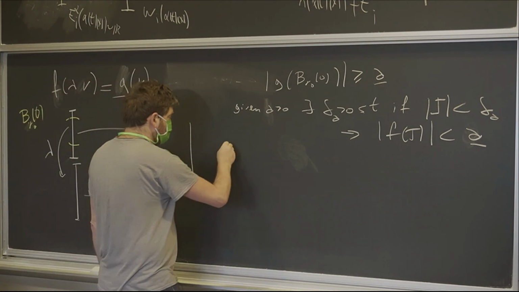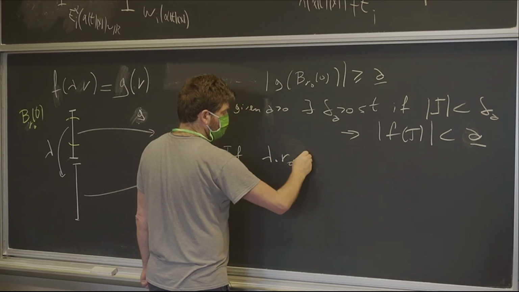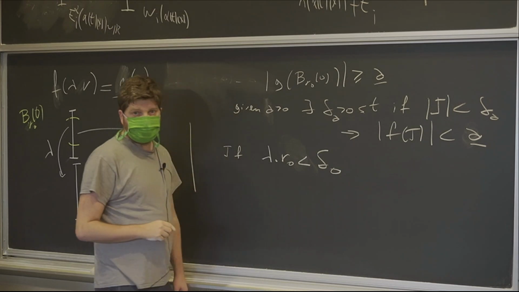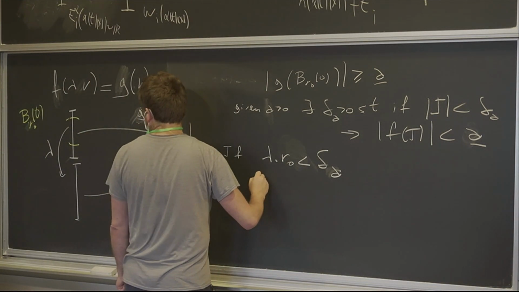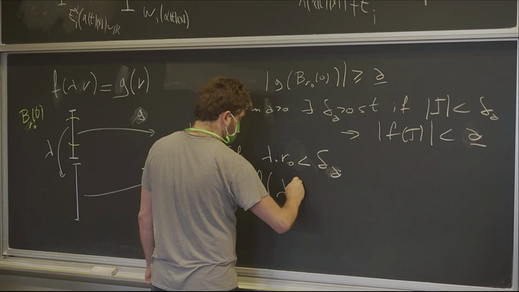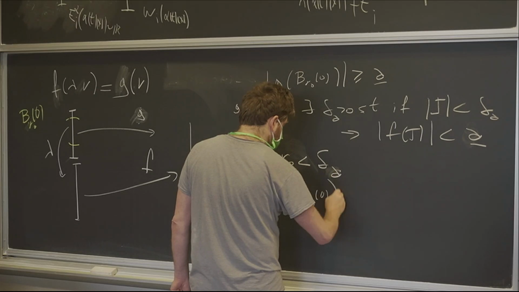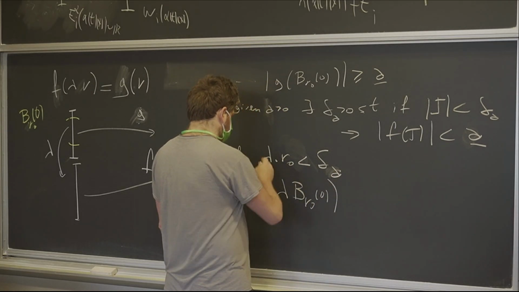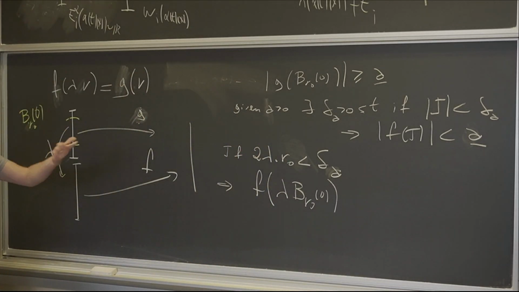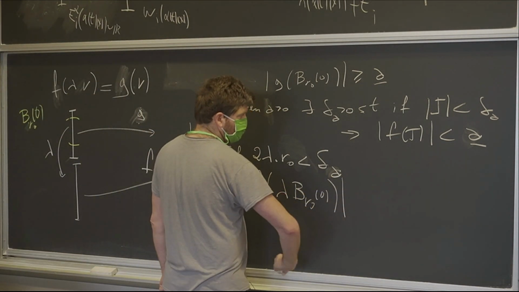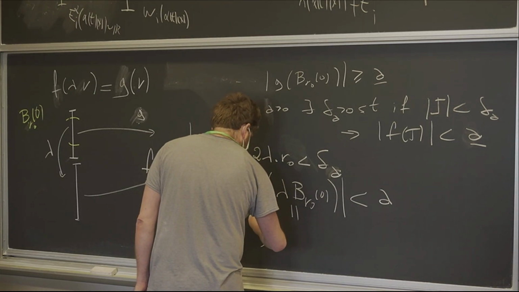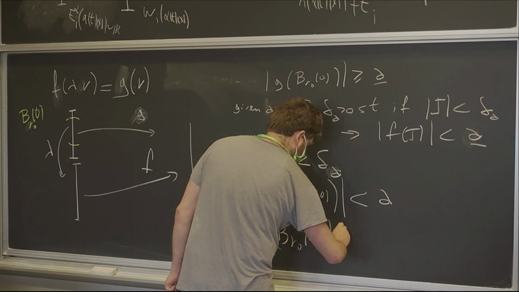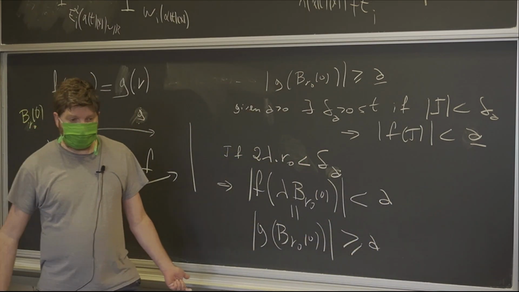And then the claim is that if lambda times R_0 were less than this delta_A, then F of lambda of the ball B_R0 of 0, and okay, 2 times because the ball is centered, so it doesn't really matter, this here will be smaller than A by the uniform continuity, but this is equal to G of the ball here, which is larger than A. Contradiction.